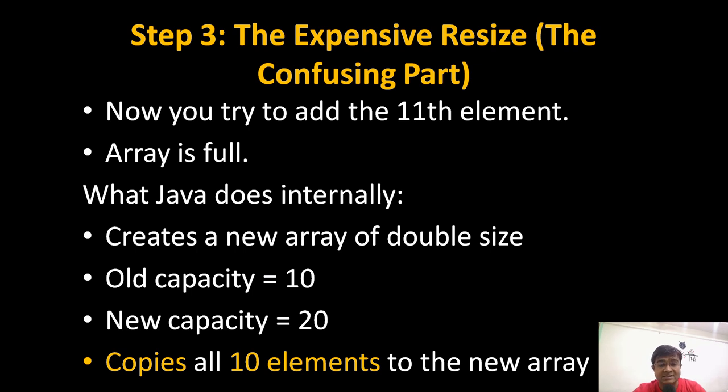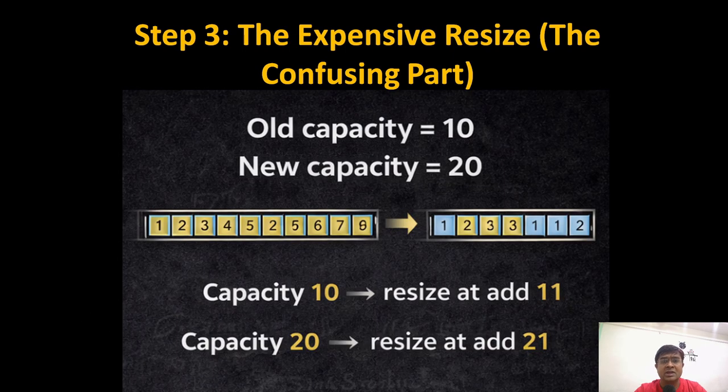It copies all the 10 elements to a new array and adds the 11th element into the new array. This is a resize, and it happens once. Old capacity was 10, new capacity is 20, so the resize happens at add 11.